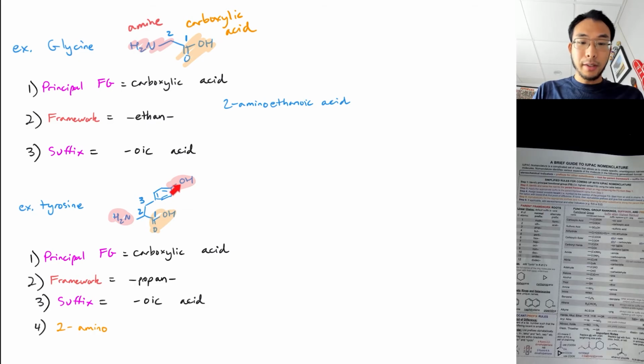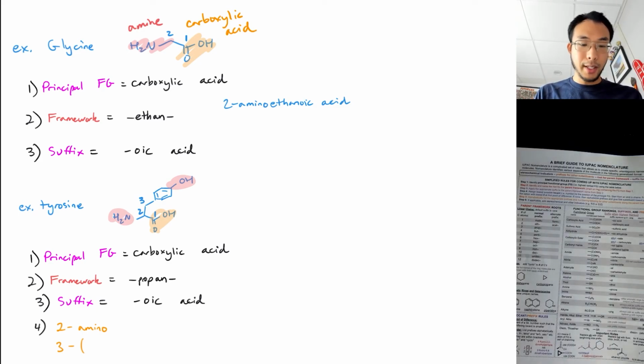So there is an alcohol, but the alcohol itself is not directly attached to the 3 carbon. There's a benzene ring between them. So it's almost like there's a separate nomenclature problem here. We haven't accounted for all the carbons yet. And so the way this works is to take the 3 and say that I can't just call this 3 whatever alcohol, but it's rather a more complex problem.